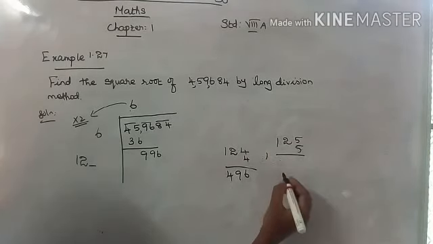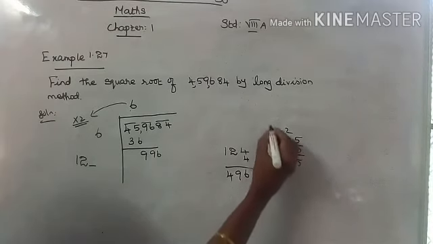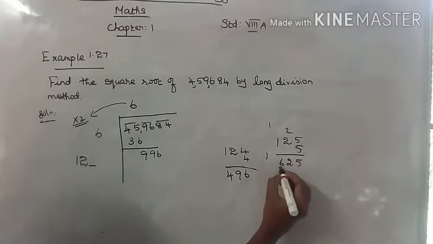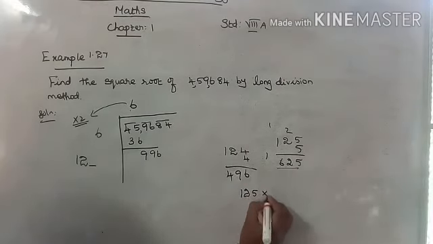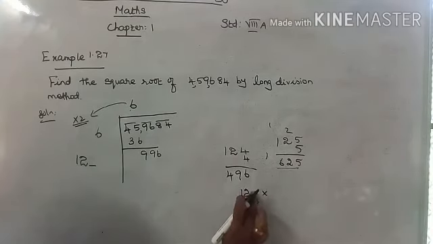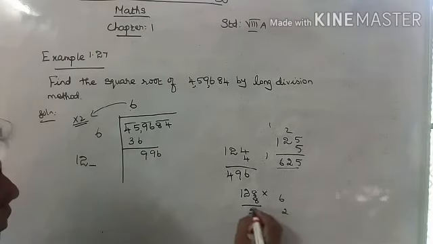125 into 5, 5 5s are 25, 2 here, 625. So 125 into 8, you take it. 128 into 8. 8 8s are 64, 6 balance, 8 2s are 16, 16 plus 6, 22, 2 balance, 1 8 is 8, 1024.